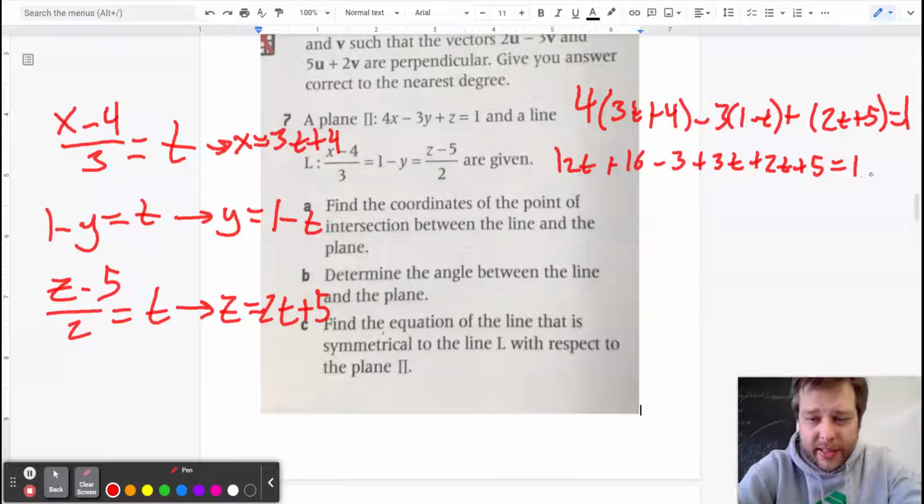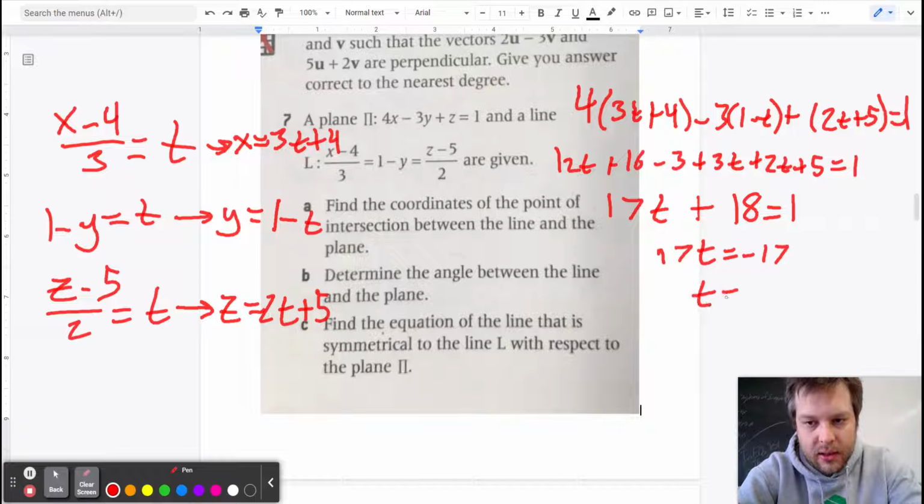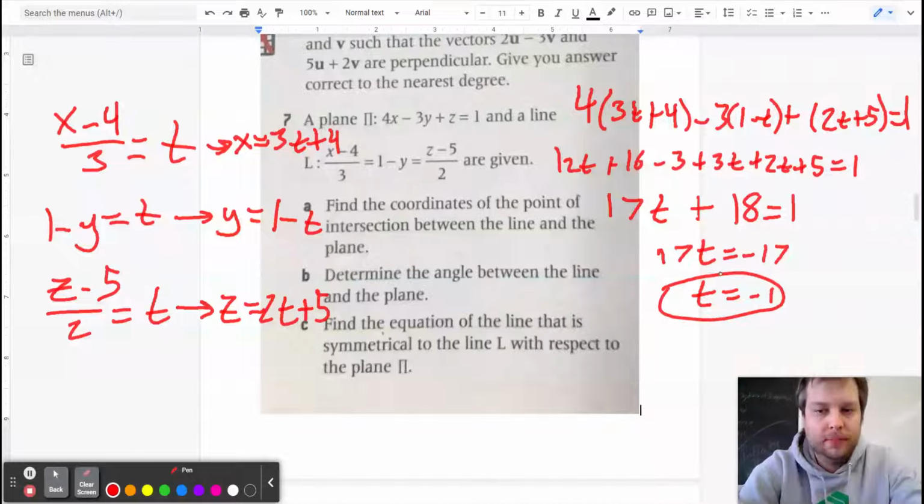And collecting all my t's, I think that makes 17t plus 18 equals 1. Oh, that's great. So then 17t equals negative 17. t equals negative 1.